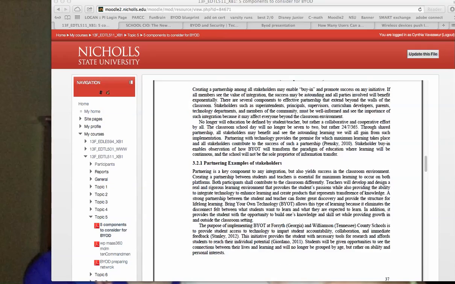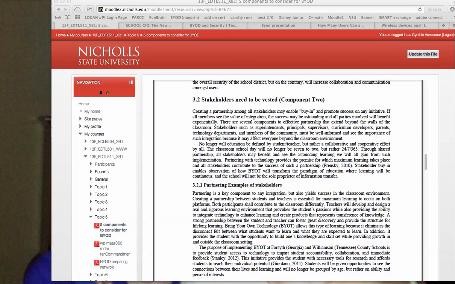What that's going to entail is talking about stakeholders and what stakeholders need to be involved: superintendents, principals, supervisors, parents, technology departments, community members, all of this. So after reading this, you're going to talk about, in your particular field, if you wanted to implement a BYOD program, what specific stakeholders would you need?